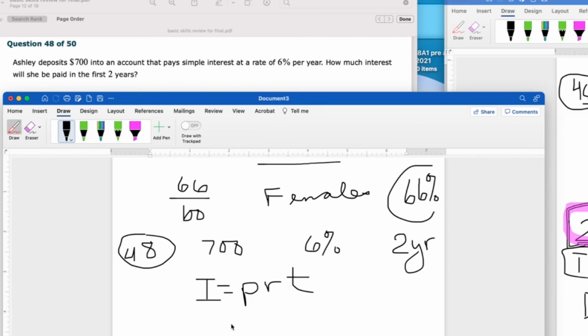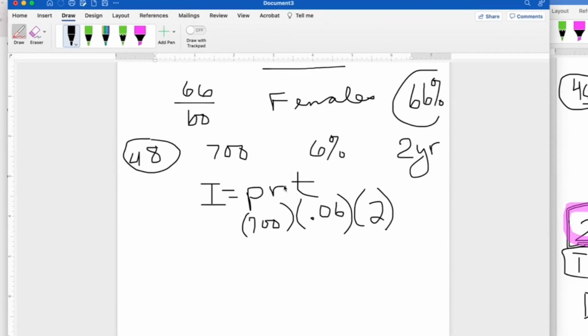Okay, so remember, we're just going to fill this in. Principal is 700. Okay, rate is 6%, so we'll write that as 0.06. Time is 2 years. Okay, so now we're multiplying these together.